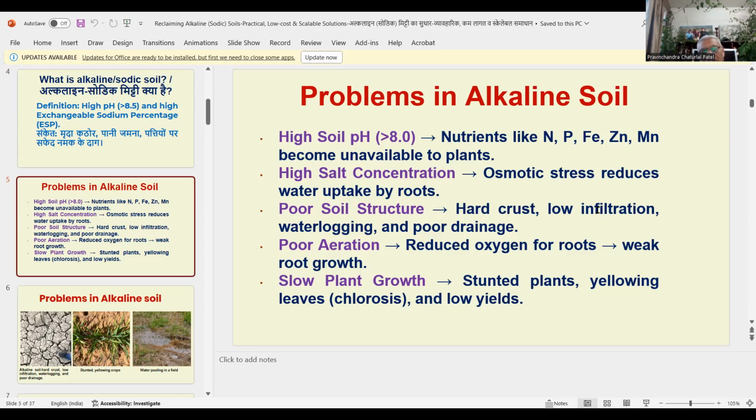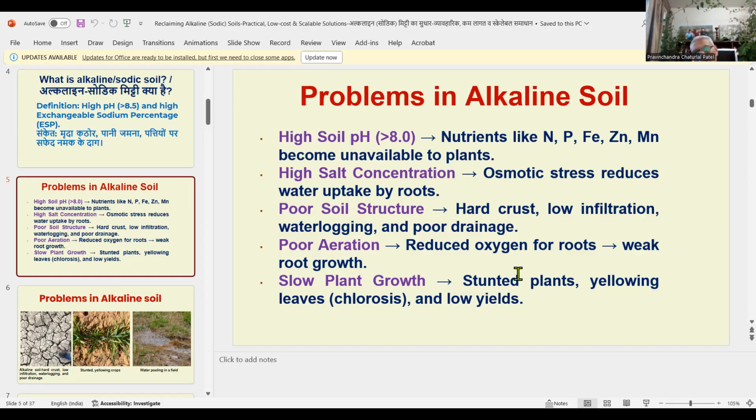Waterlogged conditions cause poor drainage and aeration. The roots will not get oxygen, resulting in poor root growth. We know the function of the root is to absorb nutrients from the soil solution and supply them to the plant parts. Poor aeration reduces oxygen for roots, because when there is water, the root cannot get oxygen.